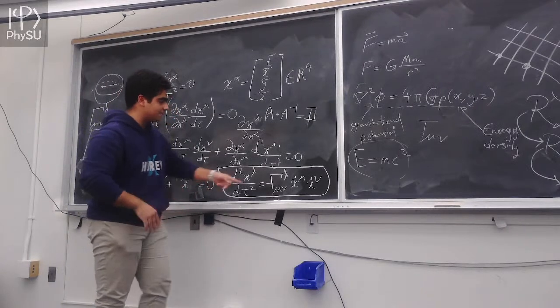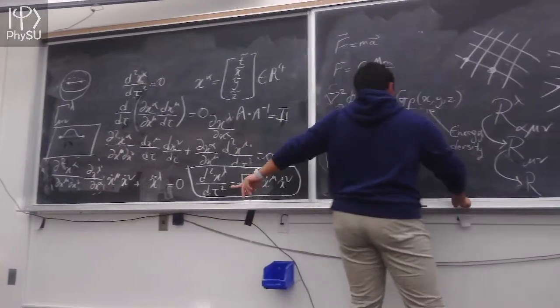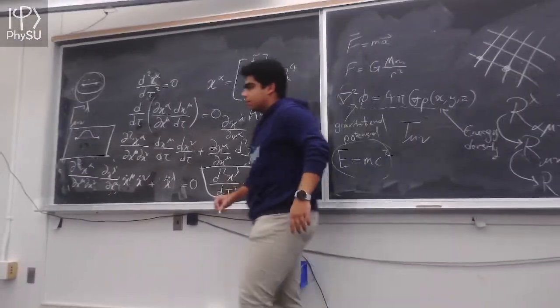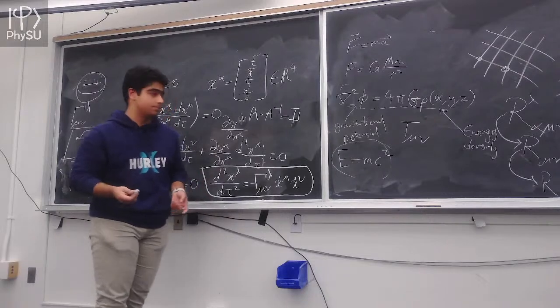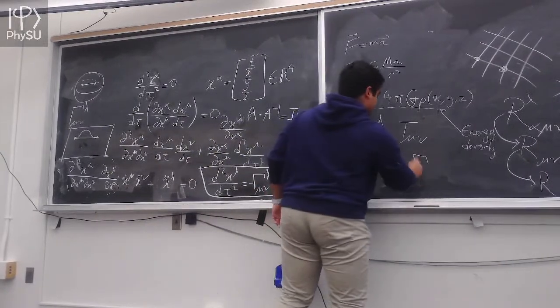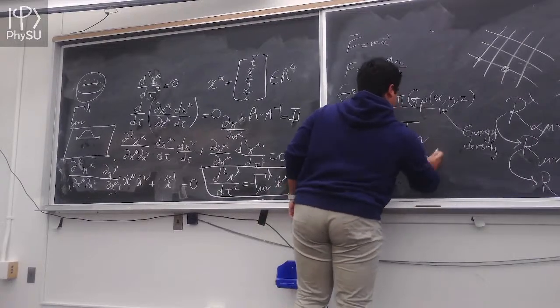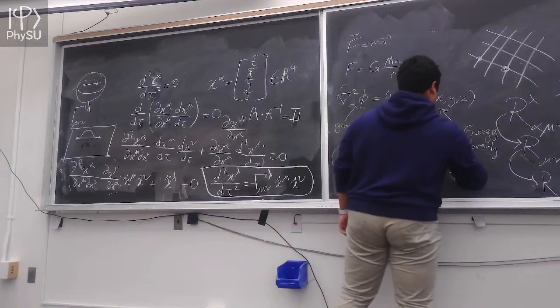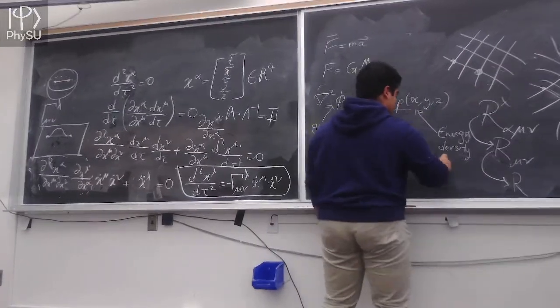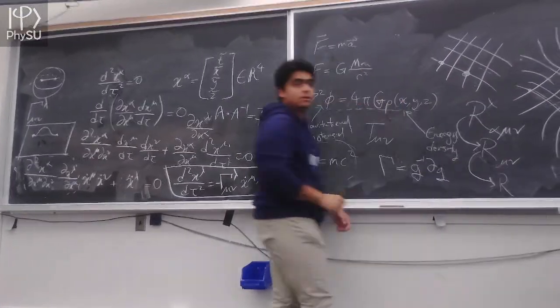And the way you do that is because there's an affine connection right here, which is actually not exactly the same, but kind of the same as something called the Christoffel symbol, which is also represented by gamma. And the Christoffel symbol is a combination of the inverse of the metric times first derivatives of it.